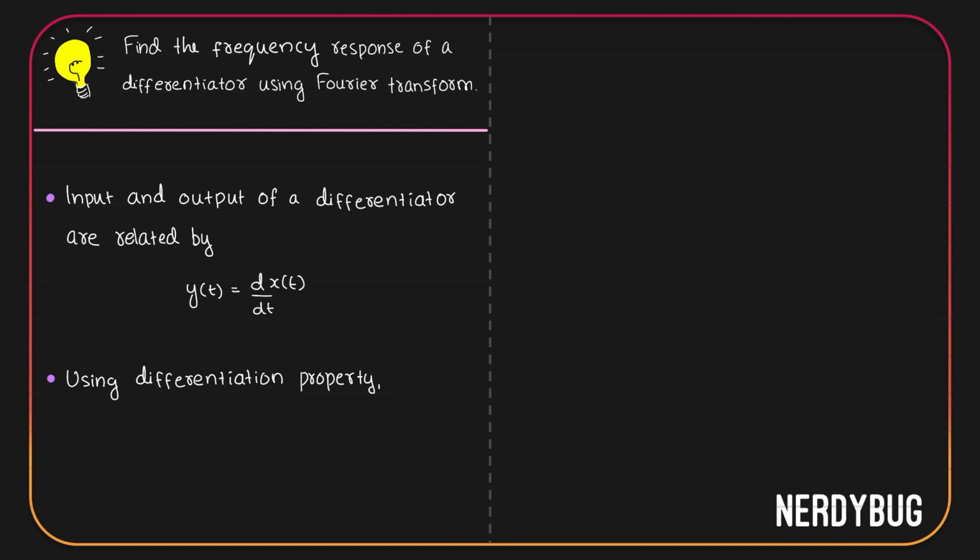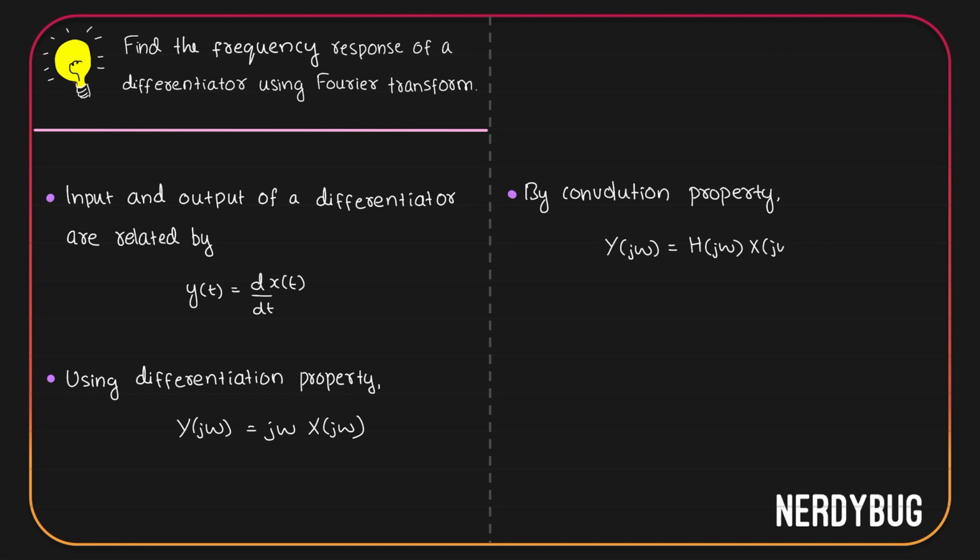If y of t is d by dt of x of t, then y of j omega is j omega x of j omega. But by the convolution property that we just learned, y of j omega is the product of h of j omega and x of j omega. Comparing both equations, we can see that h of j omega is j omega.